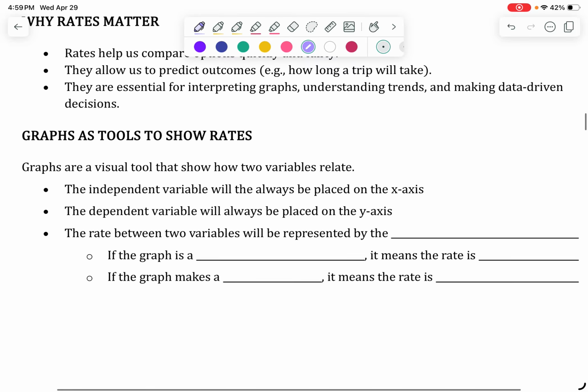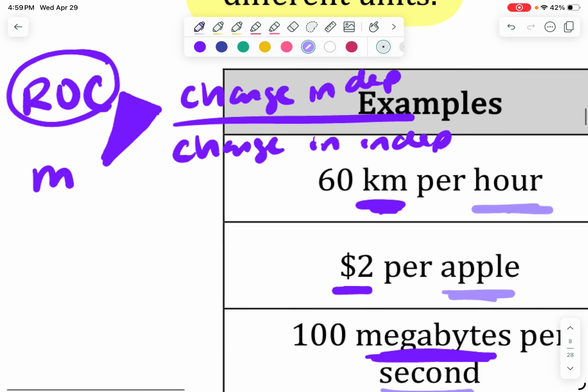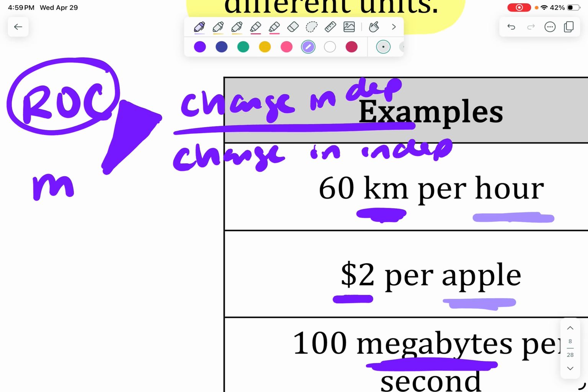So we are going to start by talking about graphs and rates and how they're connected. And we kind of already very simply sidebarred and talked about it already. The rate, also referred to as rate of change, is the equivalent to the slope.